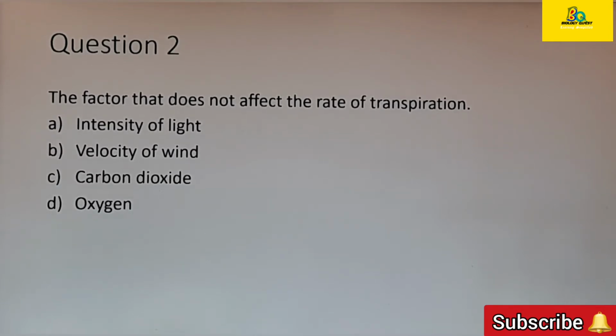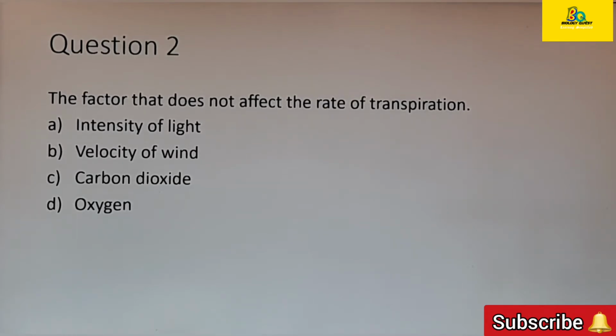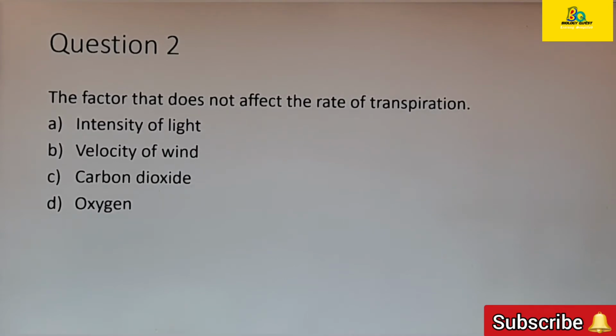An increase from this normal level causes a decrease in the rate of transpiration by the closure of stomata. So the first three are factors that affect the rate of transpiration, but oxygen is not a factor which affects the rate of transpiration. So the correct answer is option D, oxygen.